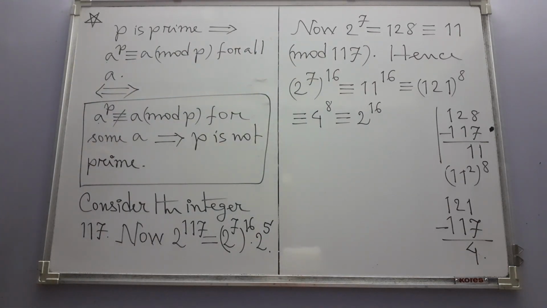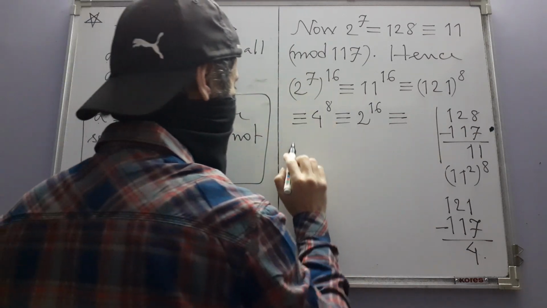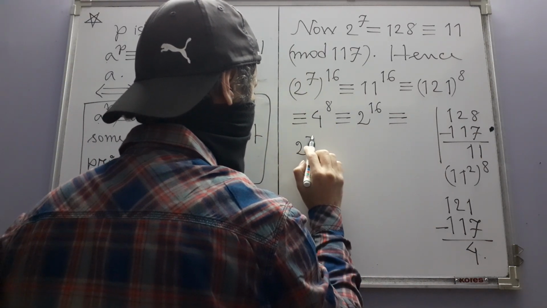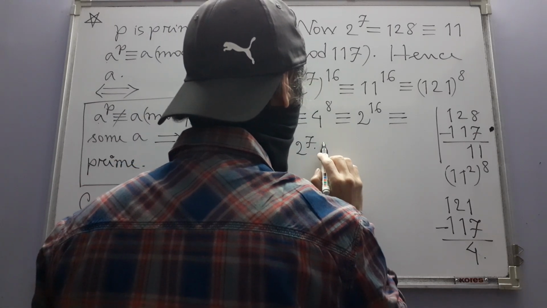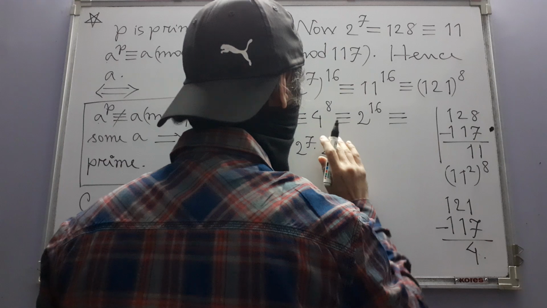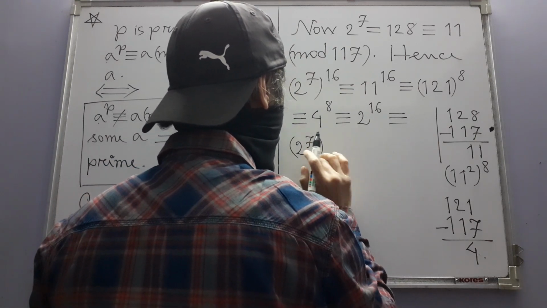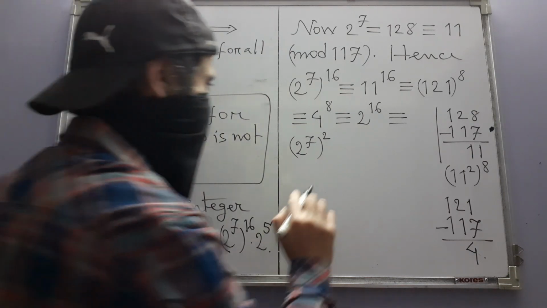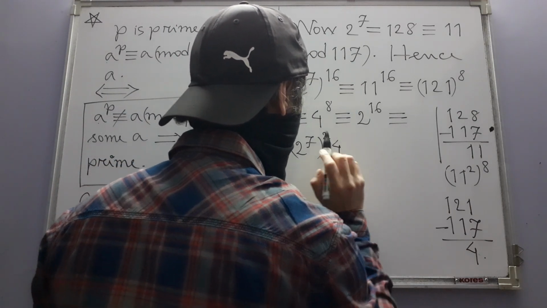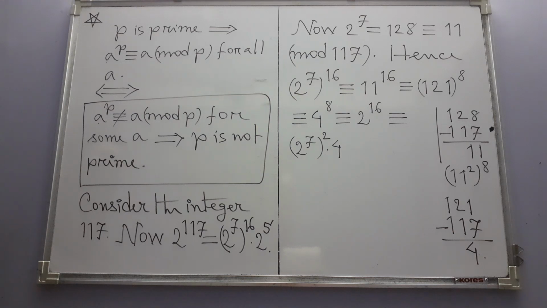Now 2 to the power 16, of course, again can be written like this: 2 to the power 7 times, we can of course take squares, so that way we will get 2 to the power 14, and we are left with 14 plus 2 is 16, that means 4. And we already know that 2 to the power 7 is congruent to 11.